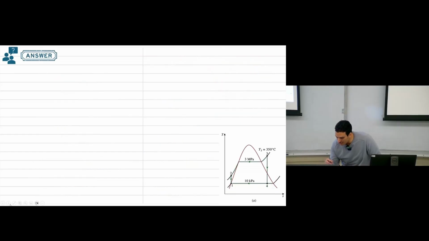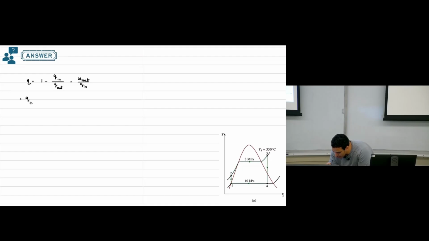So thermal efficiency is 1 minus Qout over Qin, or net work divided by Qin. Just any one of them. Okay, so we can substitute in this equation by enthalpy value.